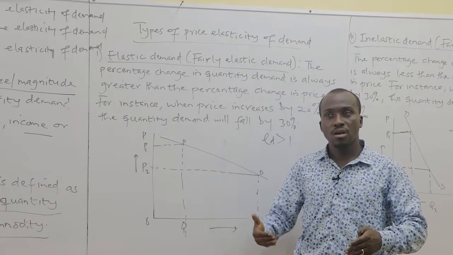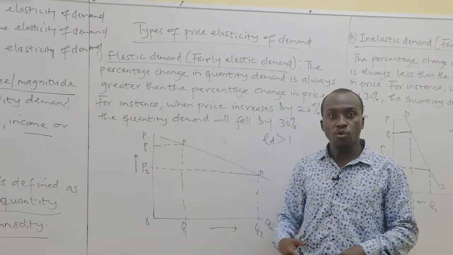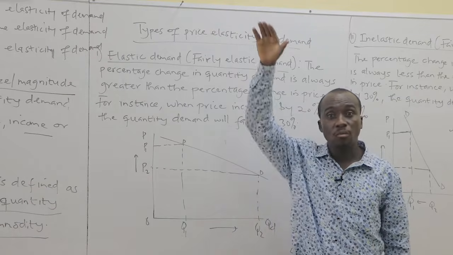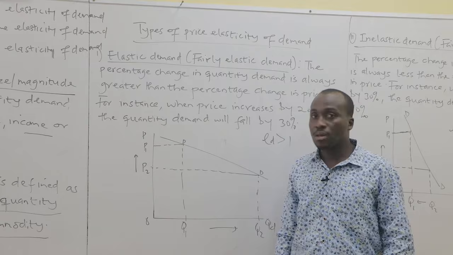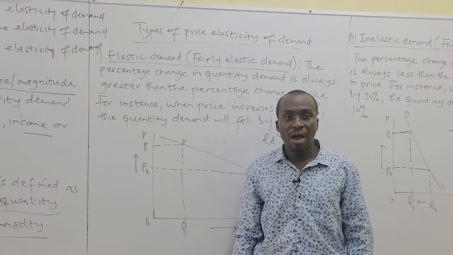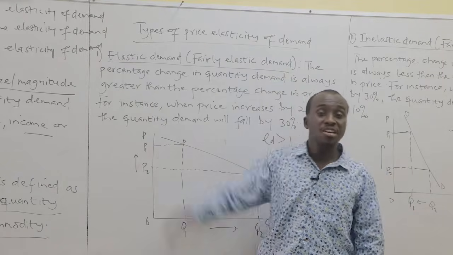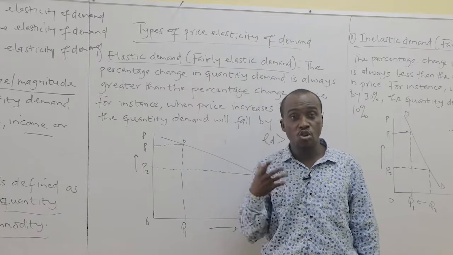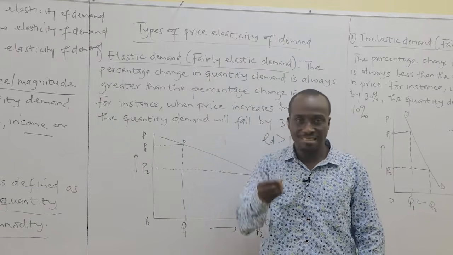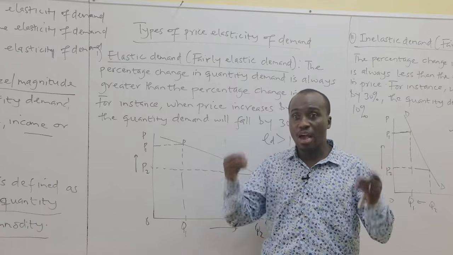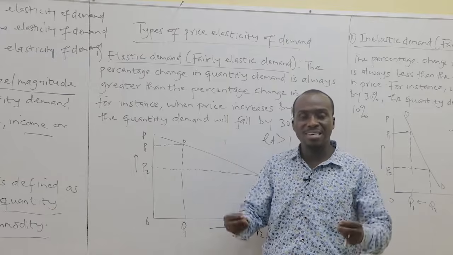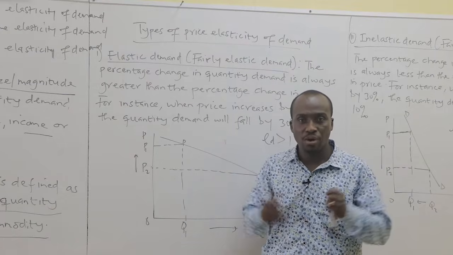For instance, you are buying wheat, you notice that the price of wheat has gone up by 10%, then you reduce the amount you are buying by 30%. Or the price has reduced by 5%, then you increase the amount you are buying by 40%. That means your demand for wheat is elastic. So when we say a commodity has elastic demand, it means that the commodity is very sensitive to changes in price.